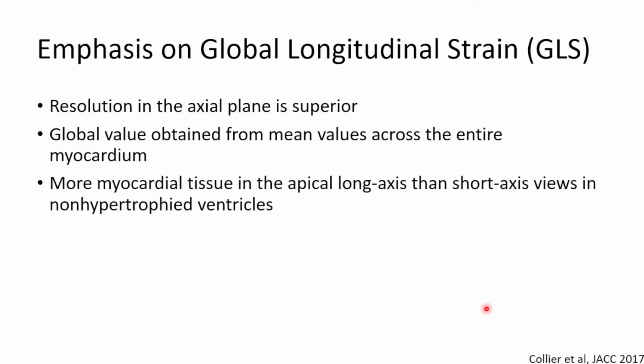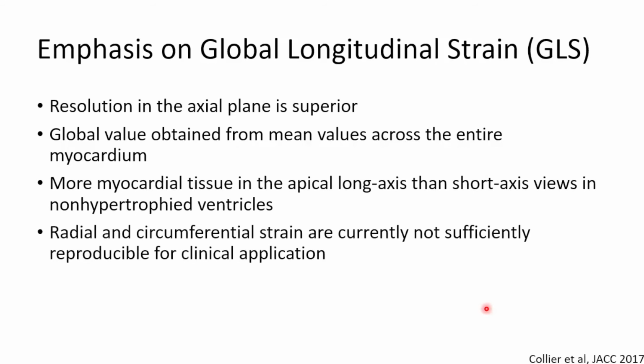There's also more myocardial tissue that we're looking at in the apical long axis views, and usually non-hypertrophied ventricles. And so for that reason, we're actually obtaining more strain analysis on more of the myocyte motion. So this will give us a more robust measure. And really, at this moment, the reproducibility of radial and circumferential strain is not sufficient for clinical applications. So our focus has really been on global longitudinal strain.